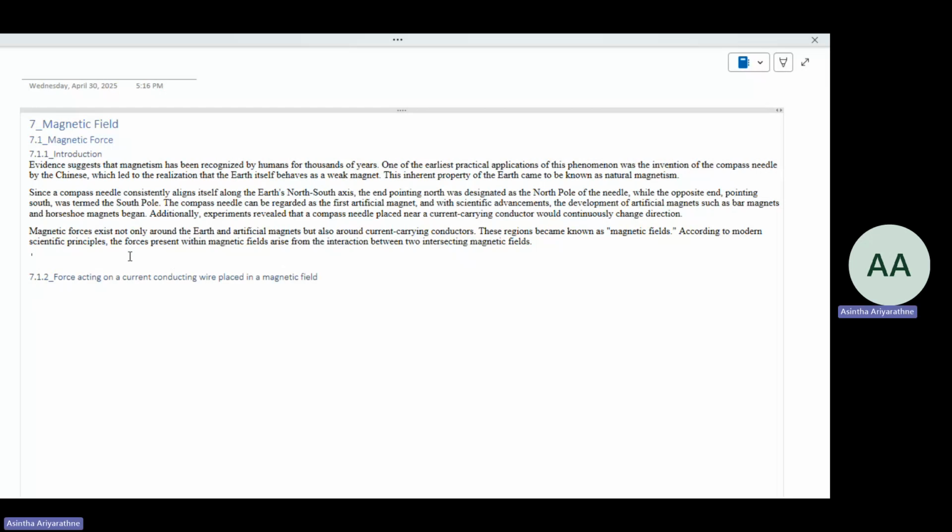So first, the introduction. The magnetic field is very old.